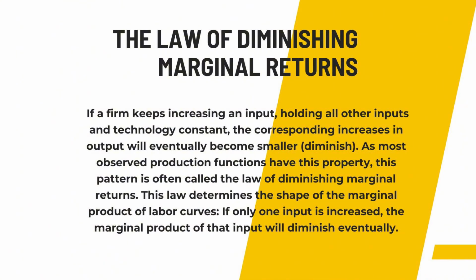This means that at first, adding more workers greatly increases total production, but after a certain point, each additional worker contributes less and less to output. So this is why the marginal product of labor curve eventually slopes downward: as only one input increases and the others stay fixed, the productivity of that input starts to diminish over time.